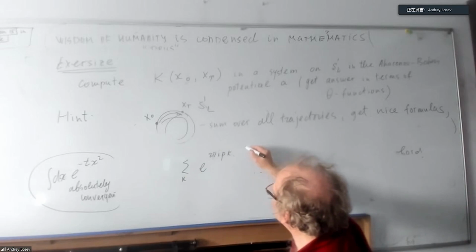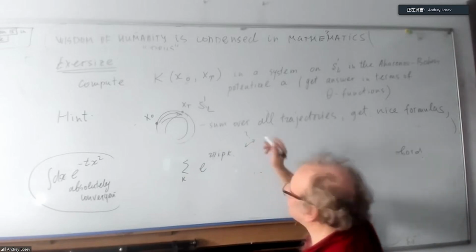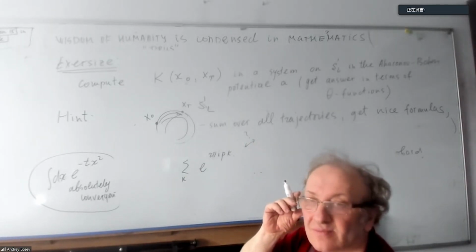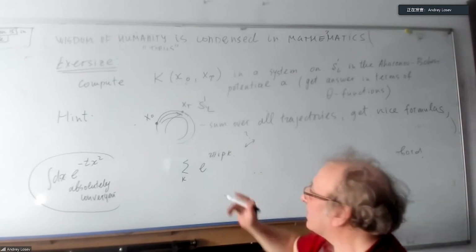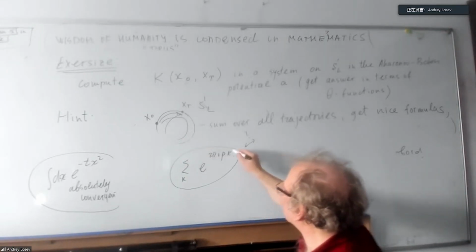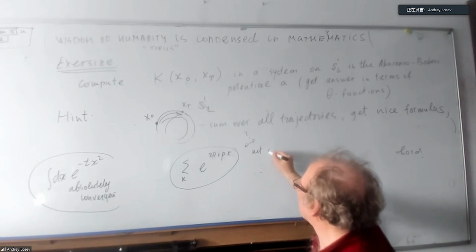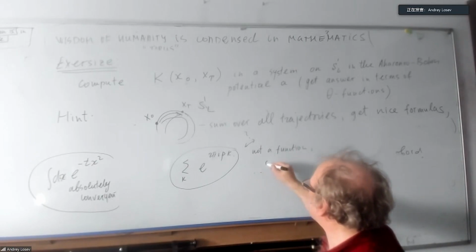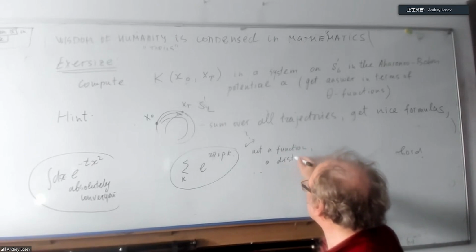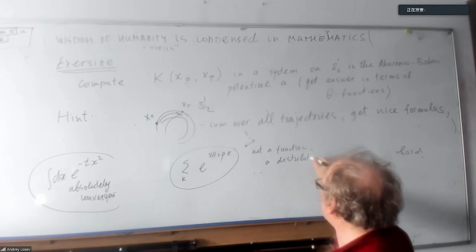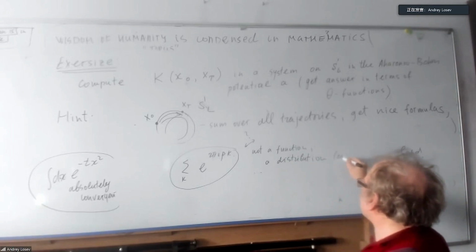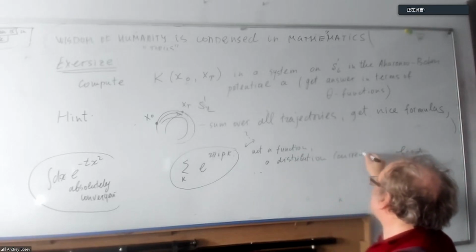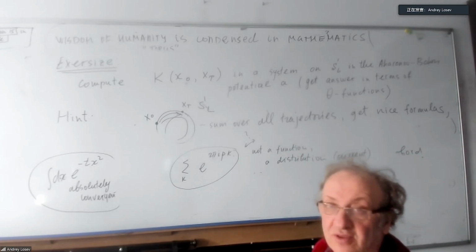What does this mean? What is this? So the idea is that this is not a function. It is a distribution, or current. In different literature, it's called differently.